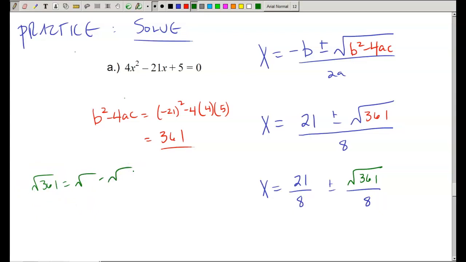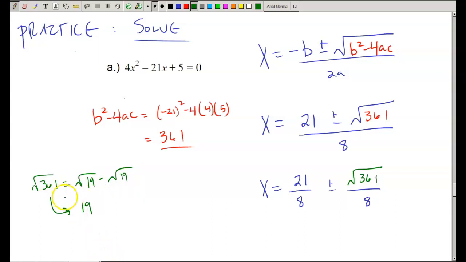Thinking back to 4.5, 4.6. Well, 361 happens to be a perfect square, right? 19 squared is 361. So 19 times 19, that works. So the square root of 361 actually just becomes a 19 here.